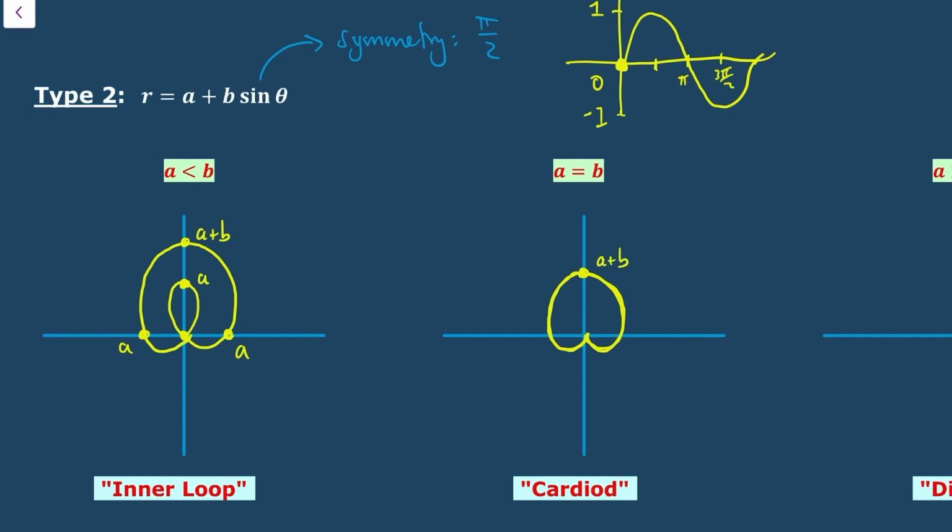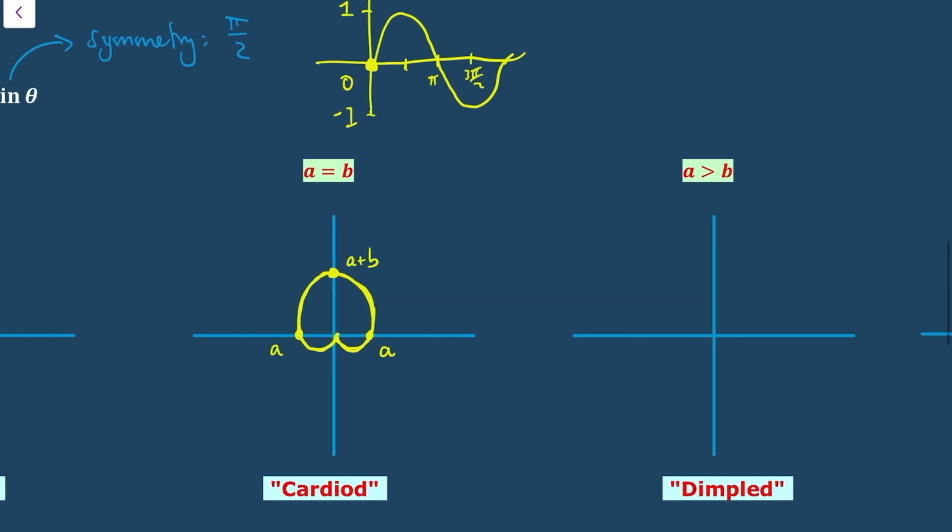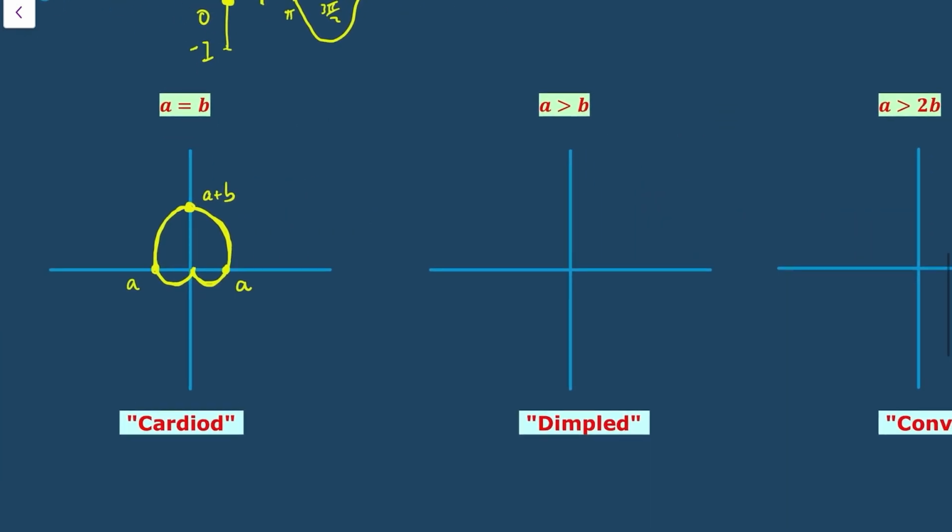A plus B, A and A. There is my cardioid. When A is just a little bit greater than B, I have my slight dimple there, dimpled limacon. That's A and A plus B and the modulus of A minus B.